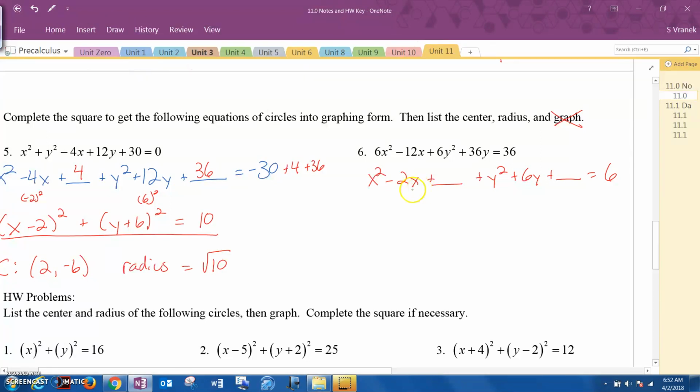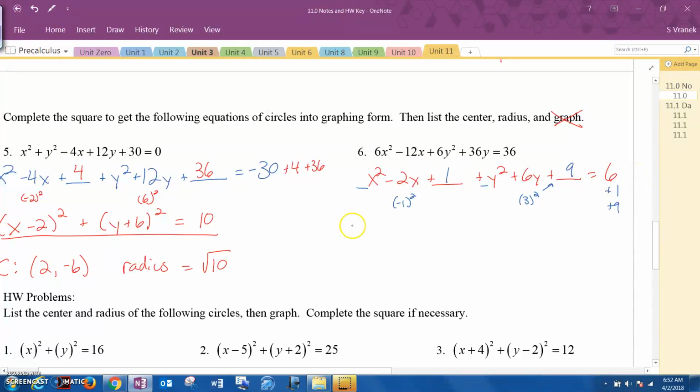To complete this square, you divide this by 2, and you get negative 1 squared, which is a positive 1. These numbers should always be positive. This is 3, because half of 6 is 3, squared is 9. Again, none of the circles should have lead coefficients, and if they do, you have to pull that out. So we don't have to worry about anything special like that here. So plus 1 plus 9.